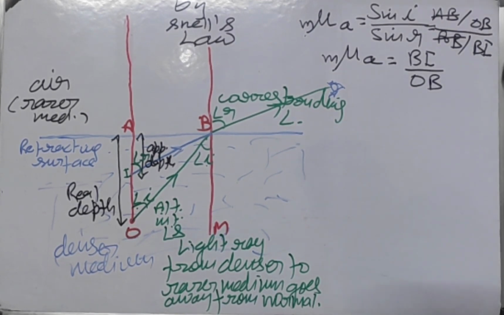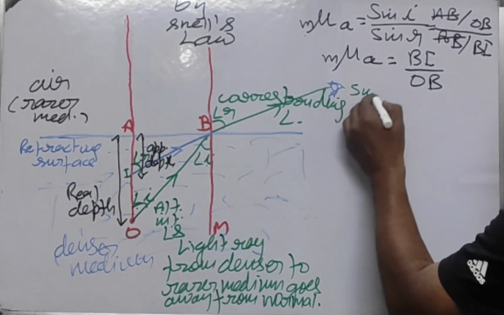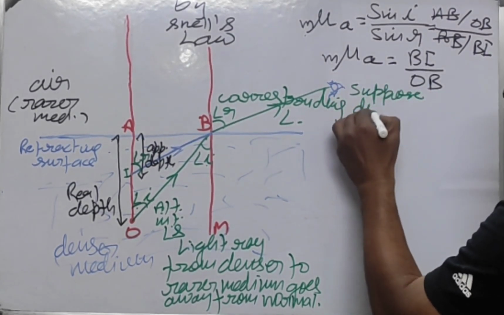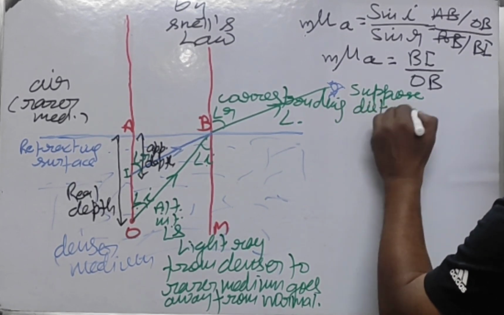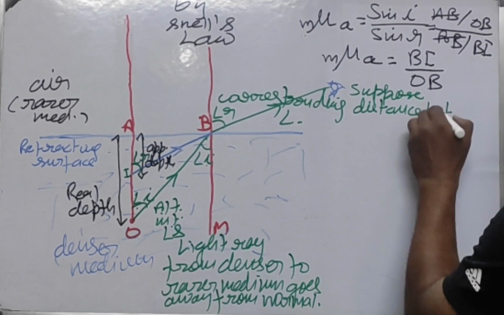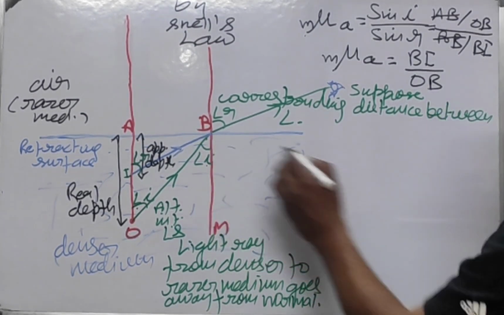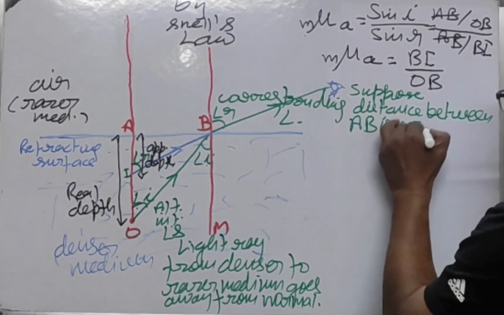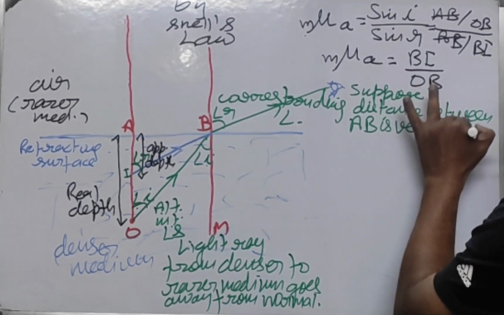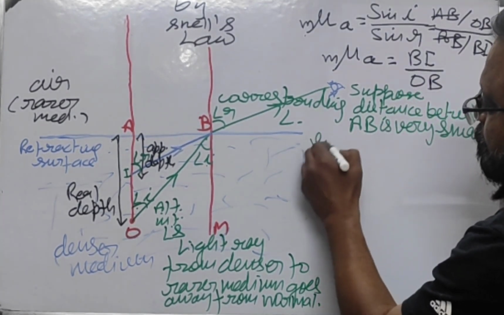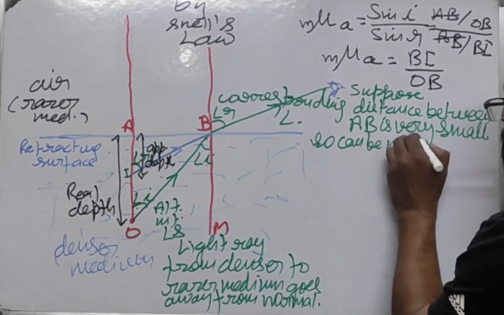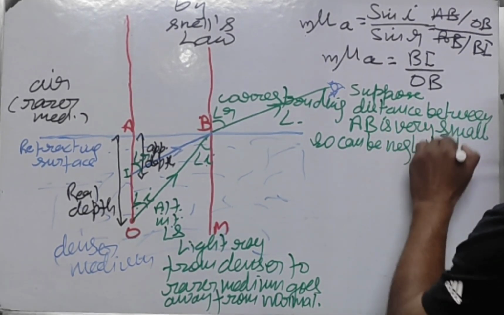Now suppose the distance between AB is very small, so it can be neglected, right?